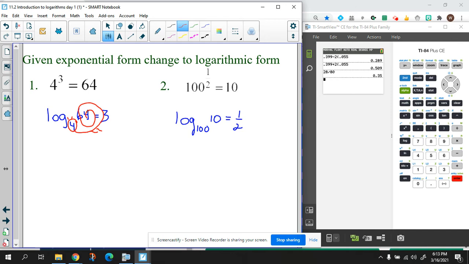Let's try the snail check over here on this one. Is 100 raised up to the 1/2 power equal to 10? And you might want to refresh your memory on exponent rules, but 100 raised to the 1/2 does indeed equal 10.